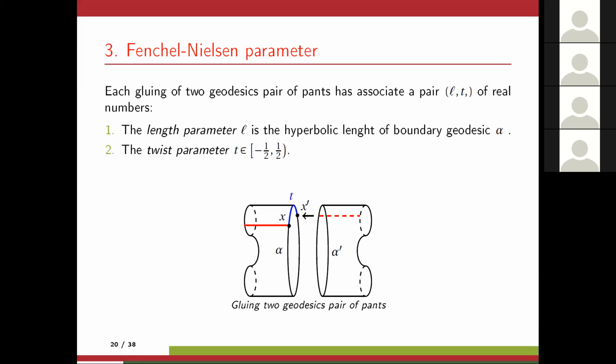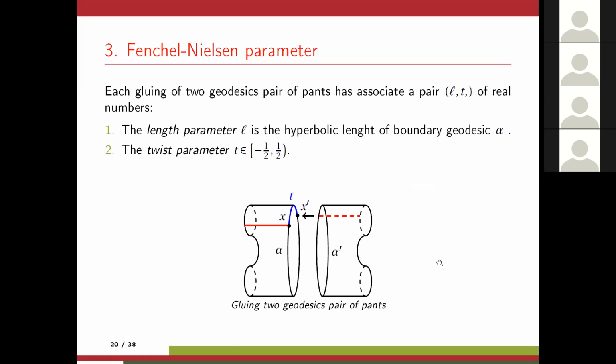This is a real number in the half-open interval with endpoints -1/2 and 1/2. This number determines the position of the gluing in both geodesic pairs of pants. I will not go into the precise description because it's not necessary in this talk, but it's necessary that you have the idea in your mind of what this pair means when you glue two geodesic pairs of pants.